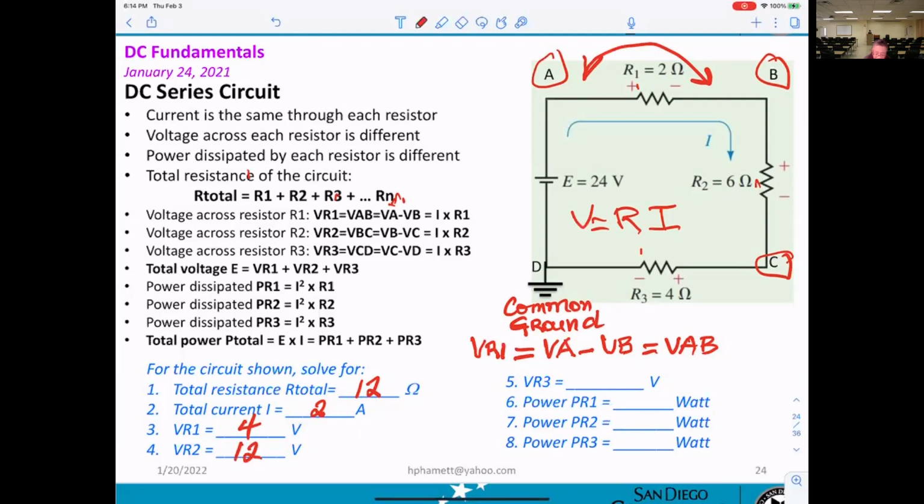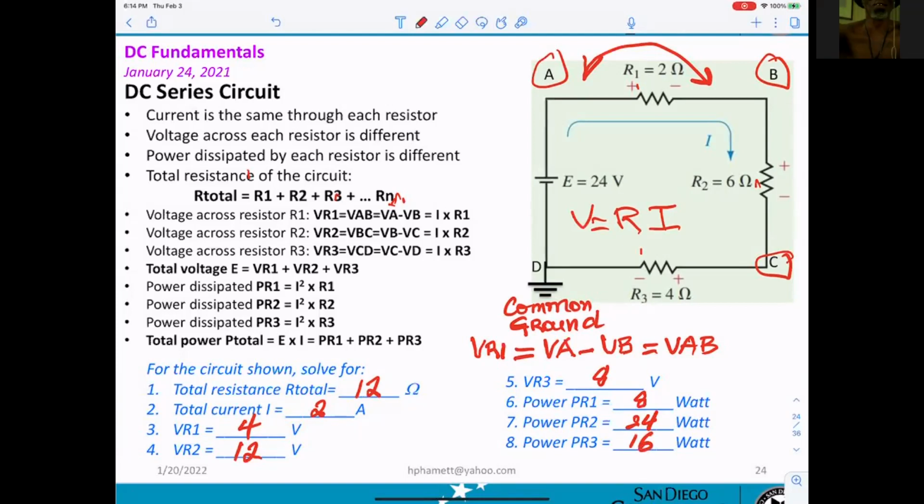VR3: 8 volts. Perfect. Power, VR1: 8 watts. VR2: 24 watts. VR3: 16. So that is the answer.